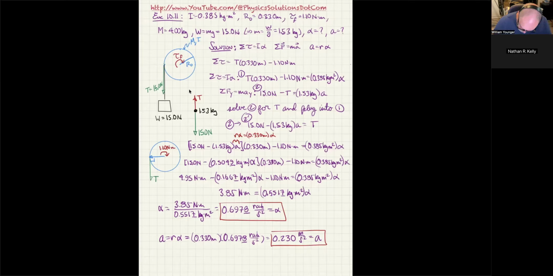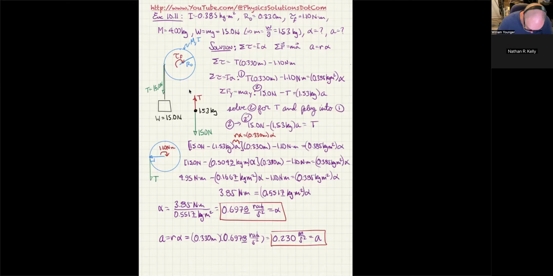That's 0.5049, and then times 0.33 again. That gave me 0.1667. That looks fine. And then when I added the 0.1667 to the 0.385, that gave me 0.5517. That works fine.